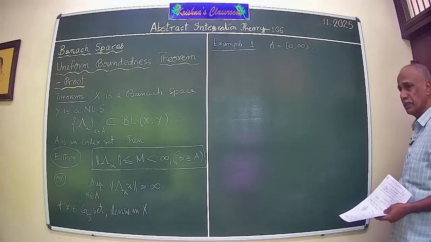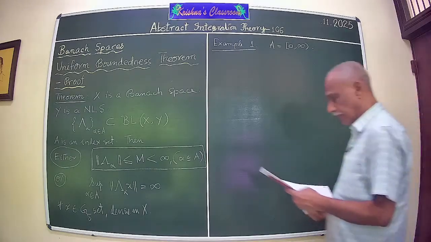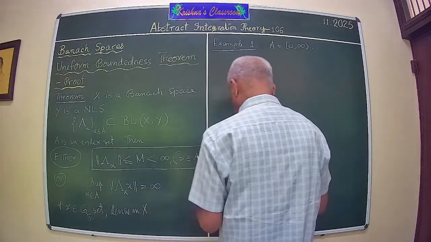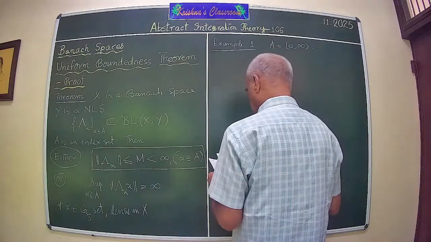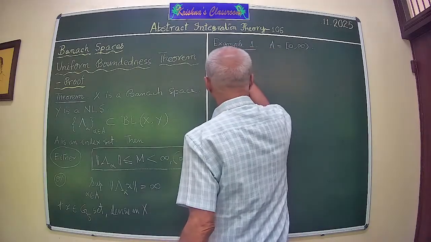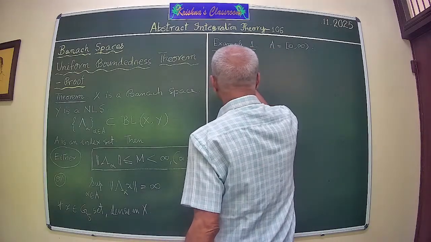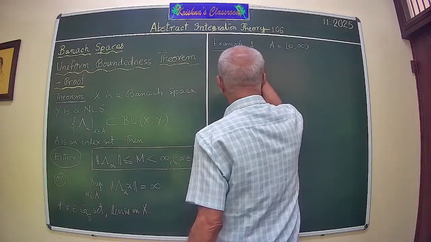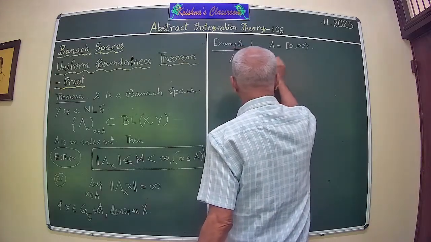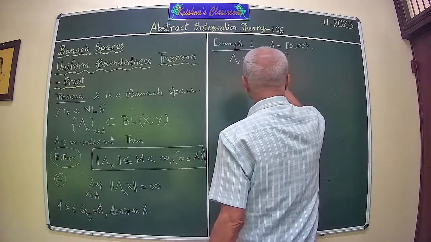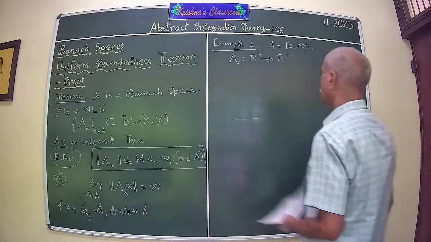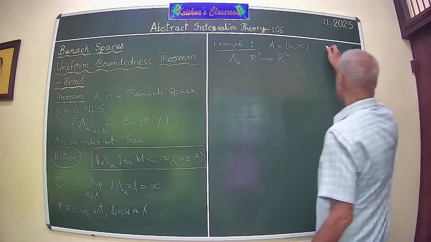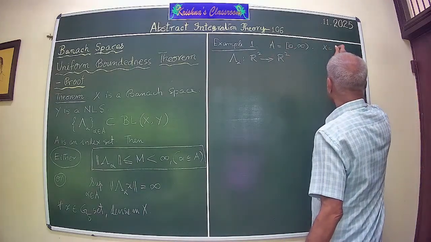That is the index set. And we define lambda alpha from R2 to R2, so you are taking X equal to R2.